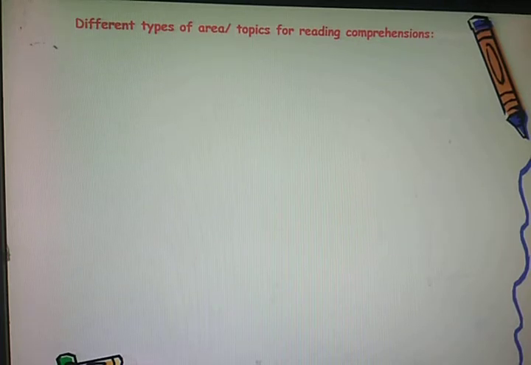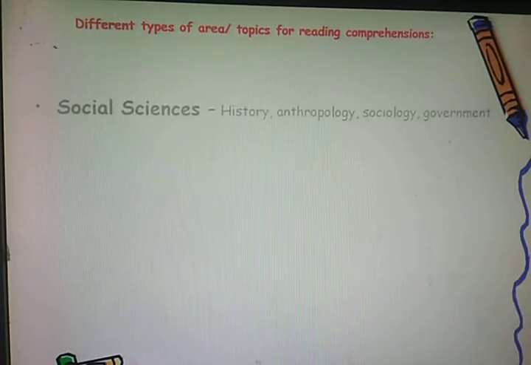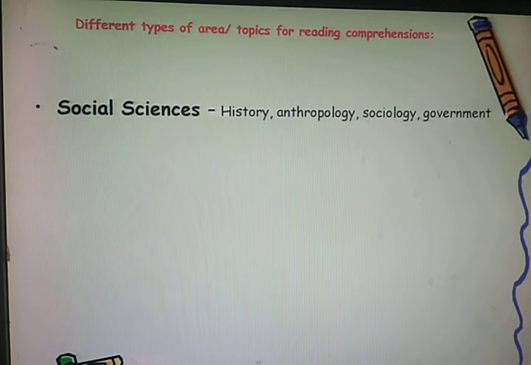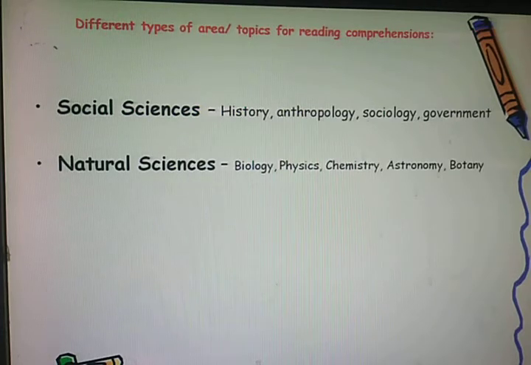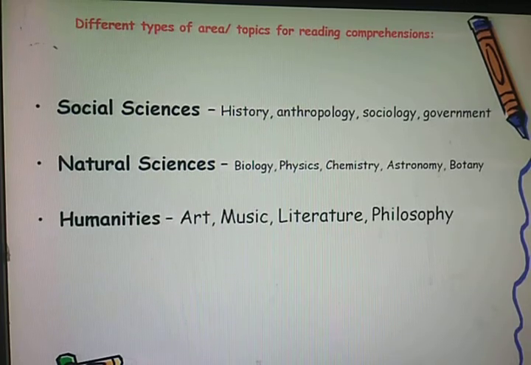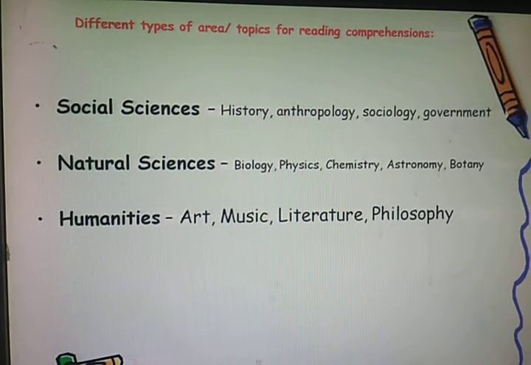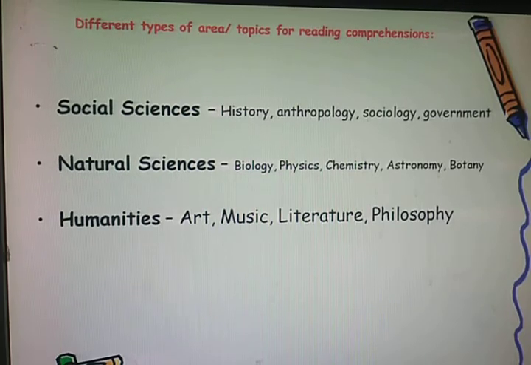But a few areas and topics of comprehension mostly come in the exams, which I want to share with you. They may ask you social sciences topics like history, anthropology, sociology, and government, means some government issues. They may ask you natural sciences topics like biology, physics, chemistry, astronomy, botany. My dear students, they may ask you questions from humanities subjects like art, music, literature, and philosophy.